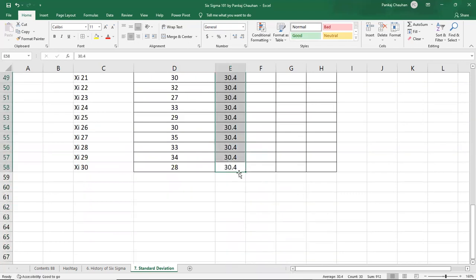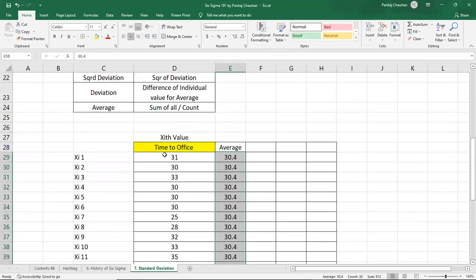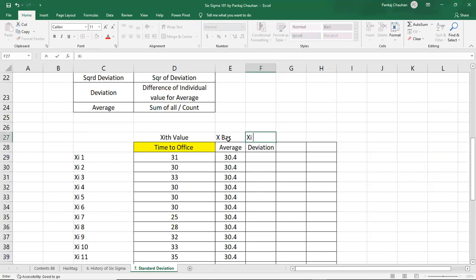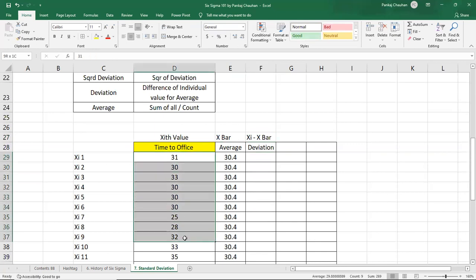Now, when I paste as values, I can easily find the difference from the individual value to the average value. The average value in statistics is represented by X bar. And when you see the difference, it is the deviation. Deviation is your Xi minus X bar. Xi is the individual value and X bar is your average value.